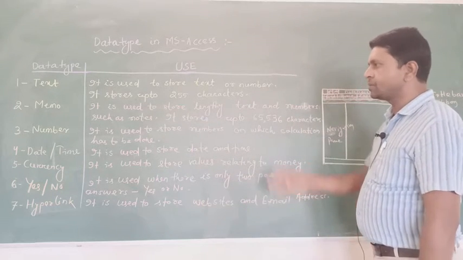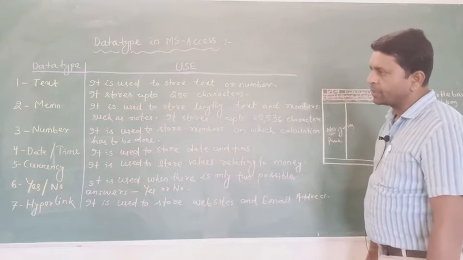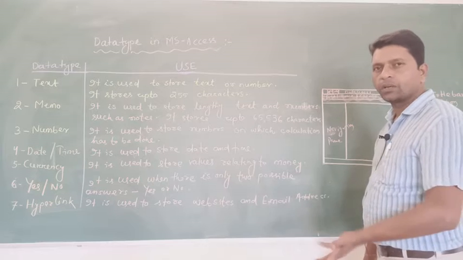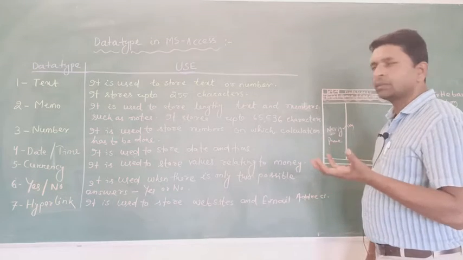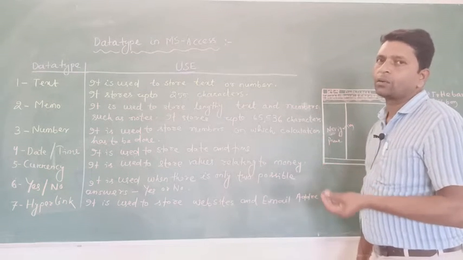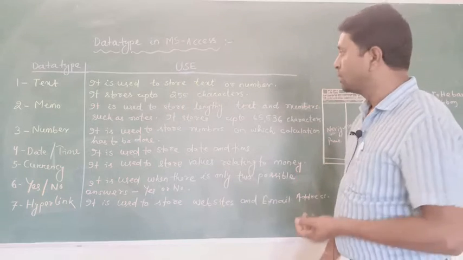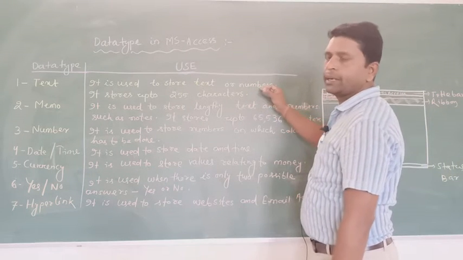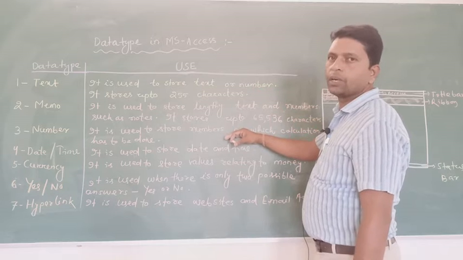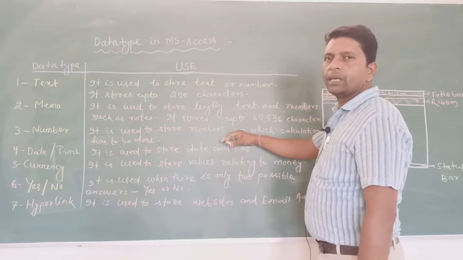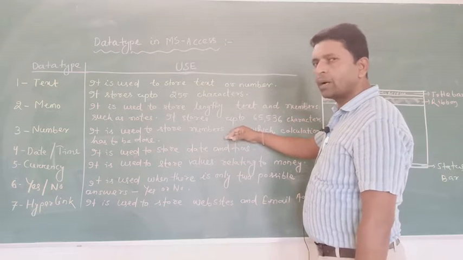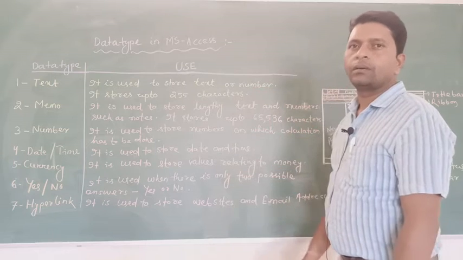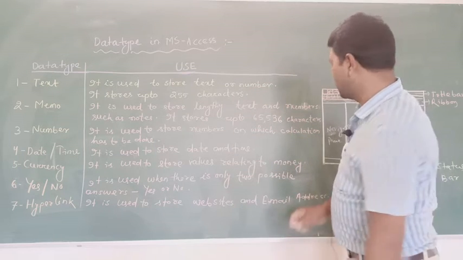The next is the number data type. It is used to store numbers only, and we can calculate with the numbers, but a number entered as text cannot be calculated. Only if the data type is number can it be calculated.